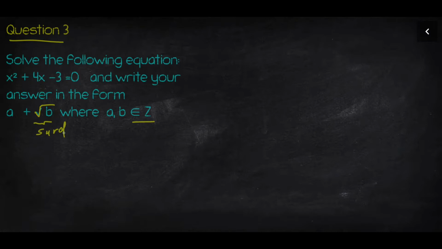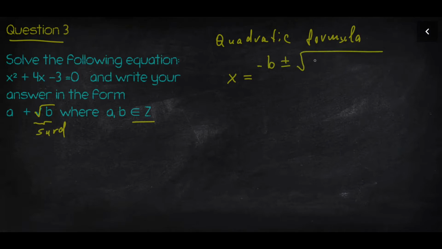The way we're going to solve this quadratic equation is using the quadratic formula. Make sure you remember what it is. According to the quadratic formula, the solution may be written in the form minus b plus minus square root of b squared minus 4ac, and everything over 2a.